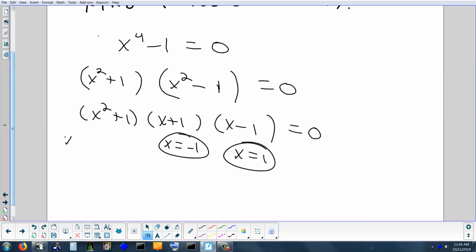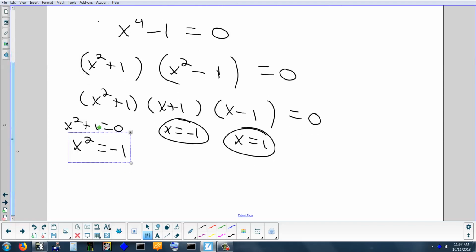Now let's look at this one. X squared plus 1 equals 0. X squared equals negative 1. How do I undo squaring? Yep, Chris. Square root. Take the square root. And remember, when you take a square root, how many answers are there? 2. There's the positive and the negative square root of negative 1.